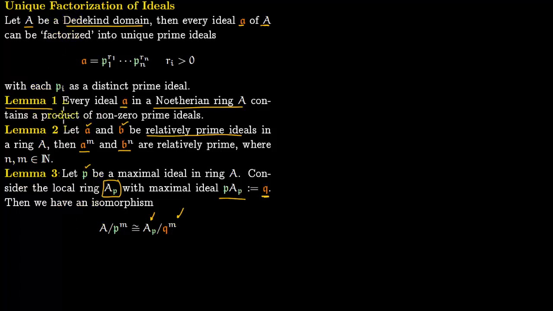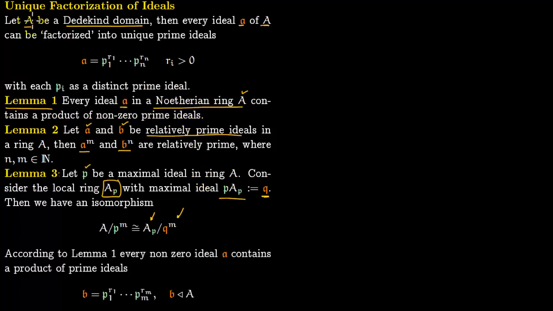The first lemma says that every ideal in a Noetherian ring contains a product of non-zero prime ideals. We are working in the Dedekind domain A, so by our definition it is Noetherian. So every non-zero ideal a contains a product of prime ideals.